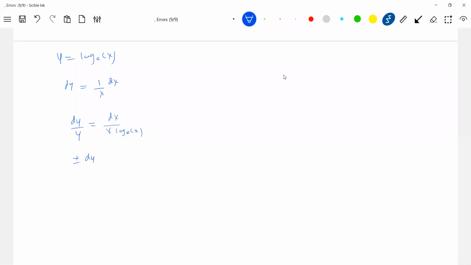So this will be plus or minus dy by y. Now the random error in y depends on what? It depends on the random error in x and 1 by log of the mean value of x.